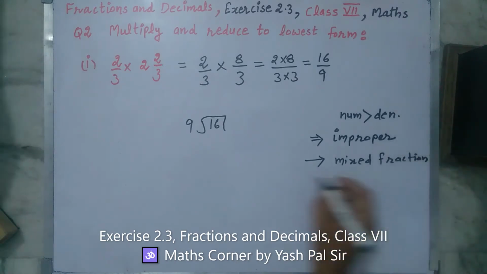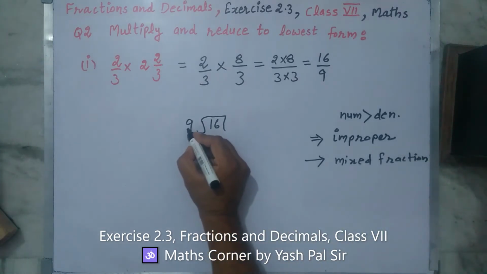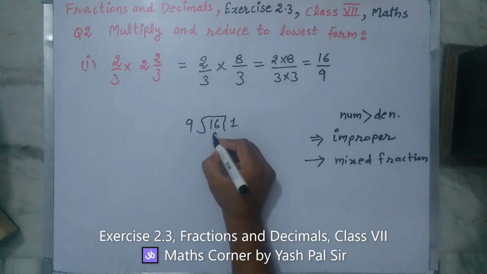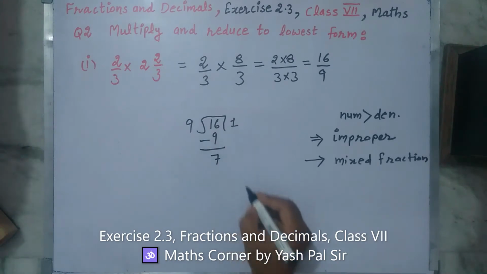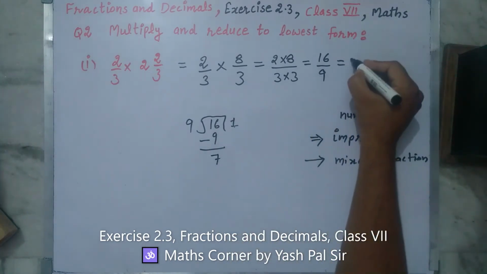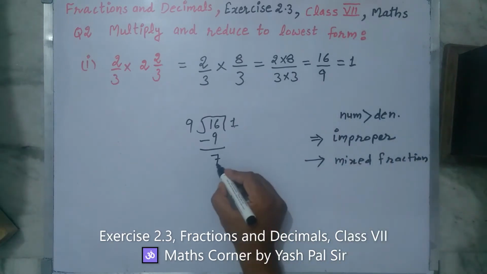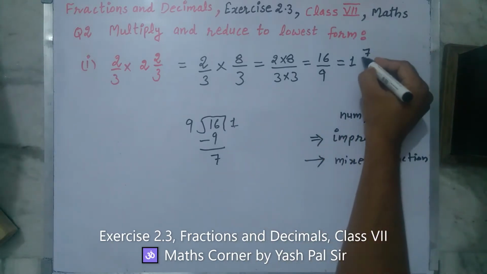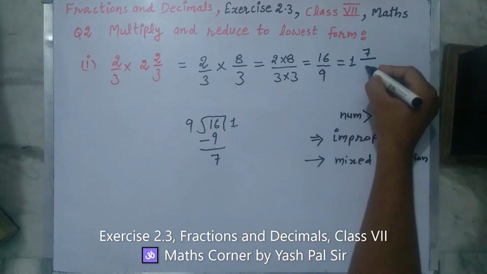Okay. So 16 is divided by 9. 9 ones are 9. 16 minus 9 equal to 7. So what is the answer? This is equal to quotient 1, remainder 7, divide this 9.